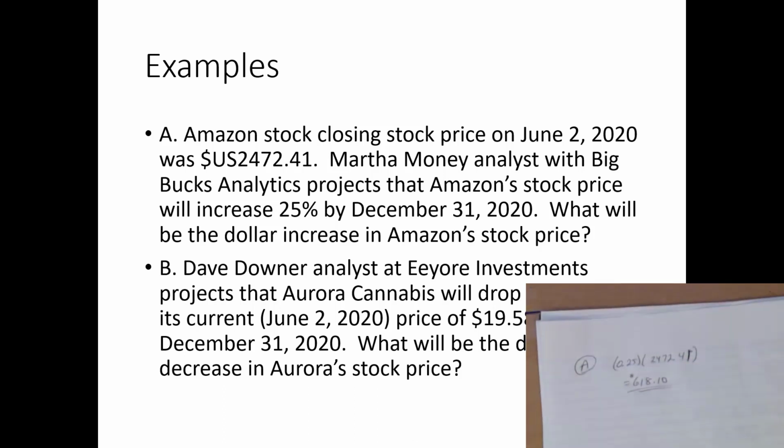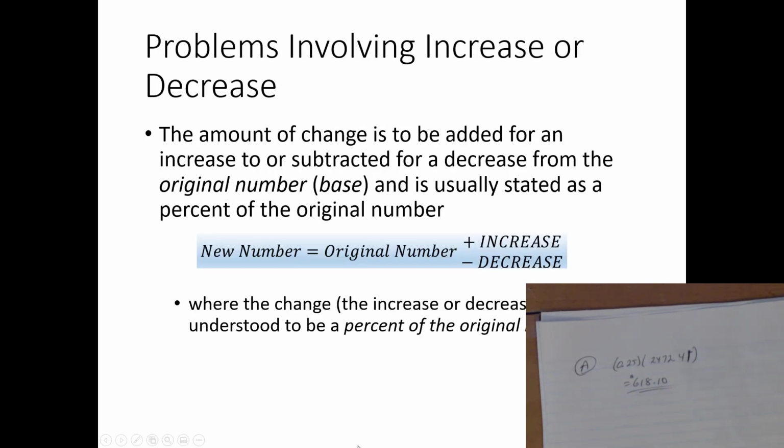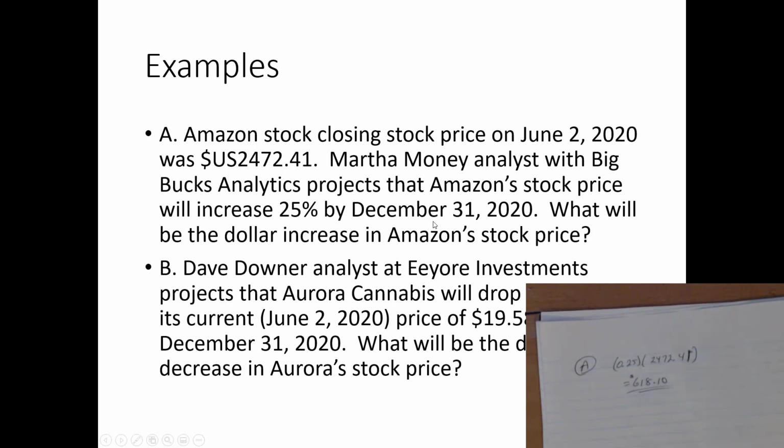Okay, that's how much the increase is. We could take that and plug it into this relationship that we see here and say, well, the increase was $618.10. The original number was $2,472. And then what's now going to be the price on December 31st, 2020.